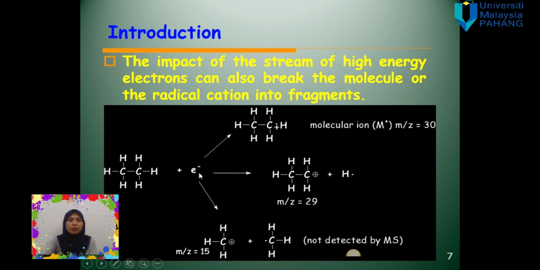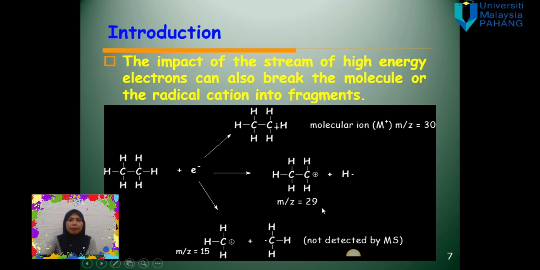When both electrons are released, the hydrogen becomes a radical, and the left part becomes a cation. And when the electron bombards the middle of the bond, half becomes a radical, and the other half becomes a cation.